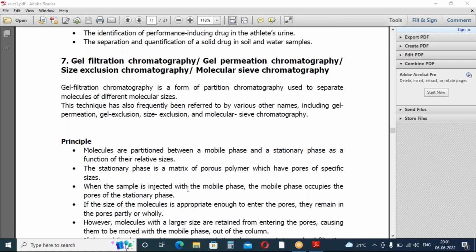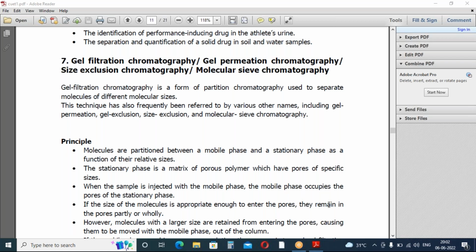Molecules with a larger size are retained from entering the pores. If the largest molecules are present in the mobile phase and cannot move into the pores, they can be separated easily, whereas the small-sized molecules can be held in the stationary phase.